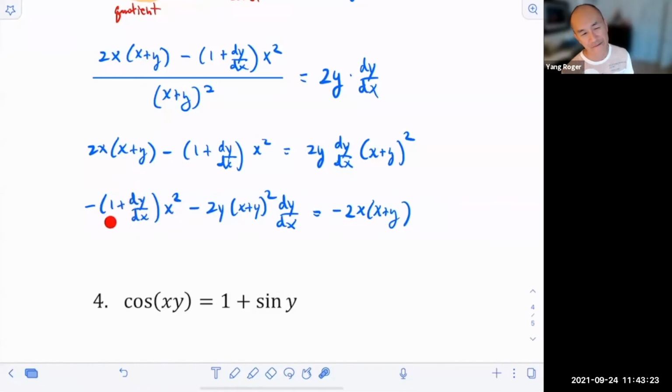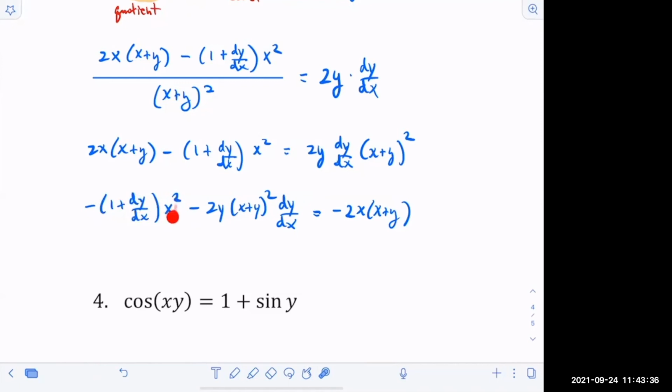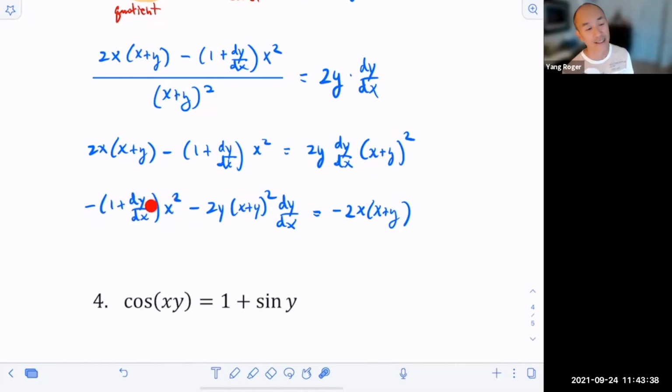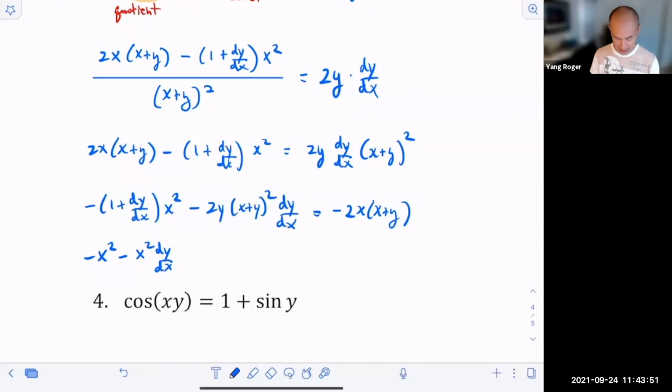So I can't really factor it out yet. Does anyone know how I handle this term right here? Does anyone know what I want to do? Times the x squared to the inside. Exactly. If you don't mind, I'm also going to multiply the negative into the inside. So this is going to become negative x squared minus x squared times dy dx. And then the rest of it is just here.